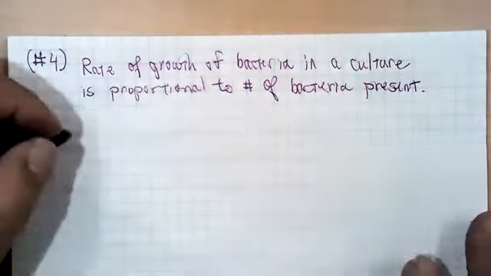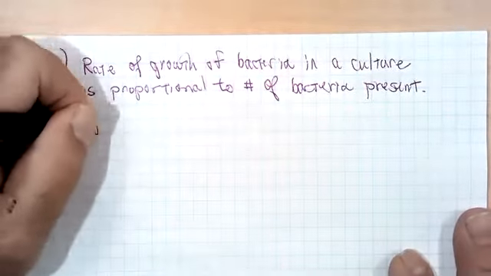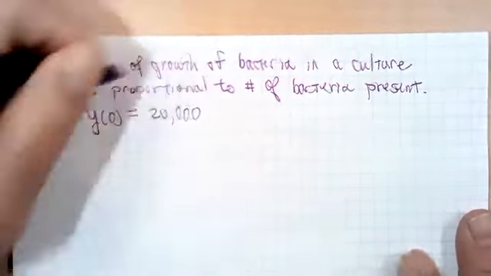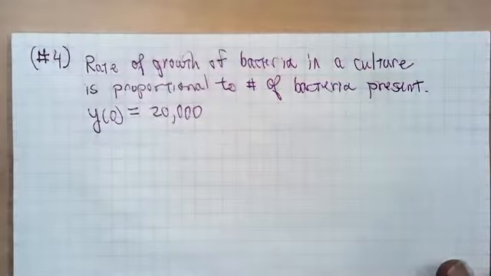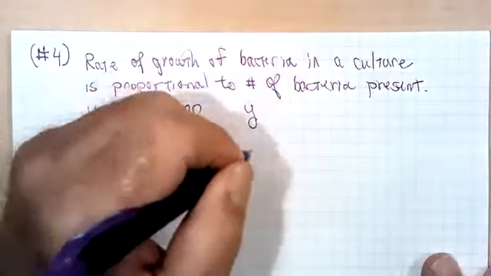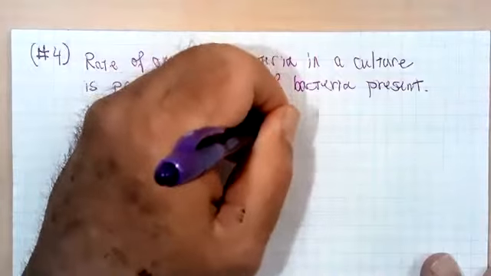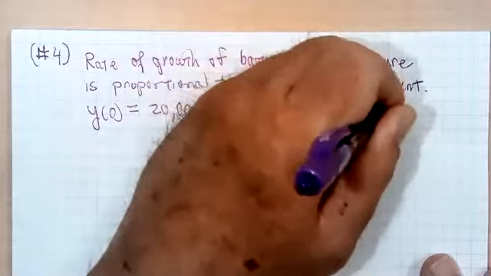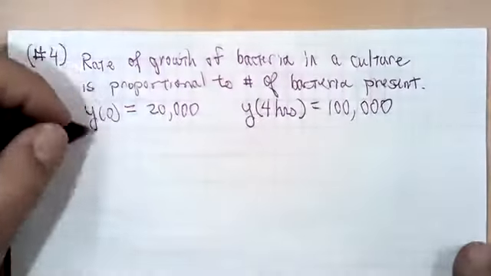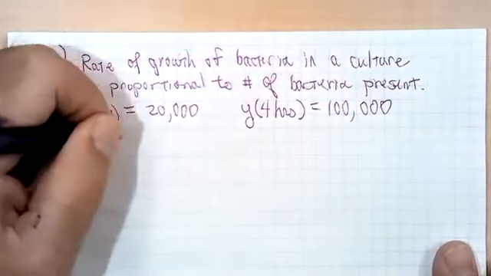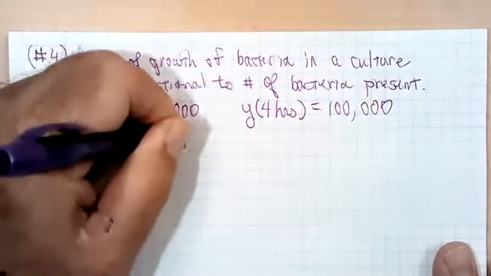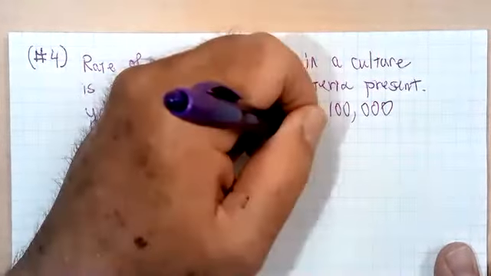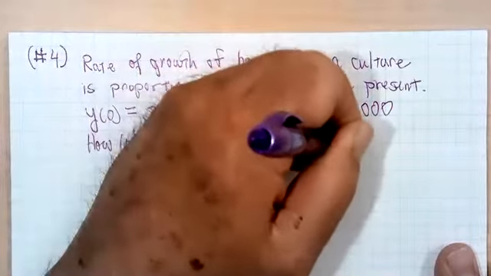And we know a couple of things. At the initial time, at t equals 0, there are 20,000 bacteria in the culture. And we know that, let's say 4 hours later, there are 100,000. And the question is, how long before there are, well, I have this written as 25 million.